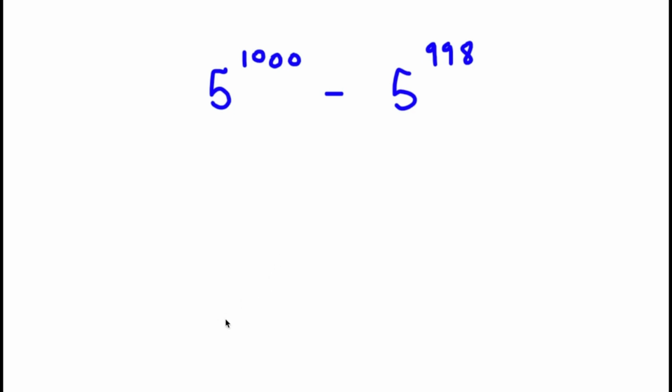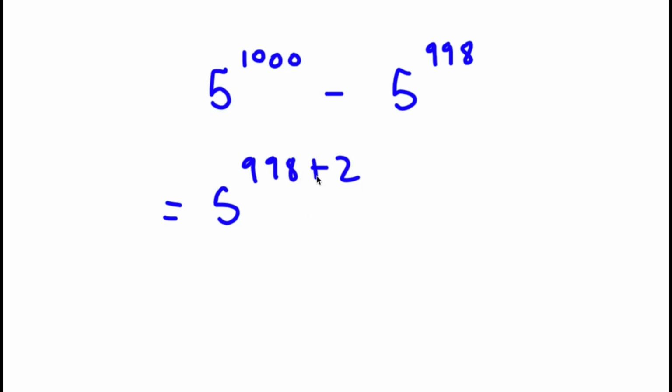Alright, so in this problem, I have 5 to the power of 1000 minus 5 to the power of 998. To solve this, I'm going to first change 1000 to 998 plus 2, because 1000 equals 998 plus 2.